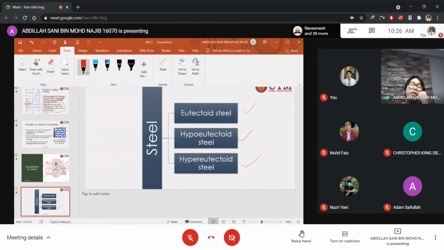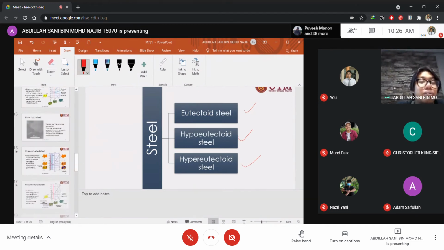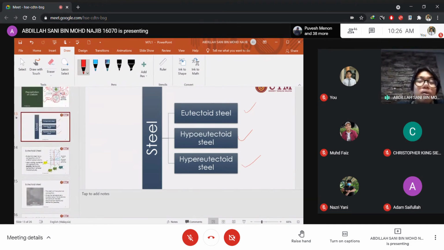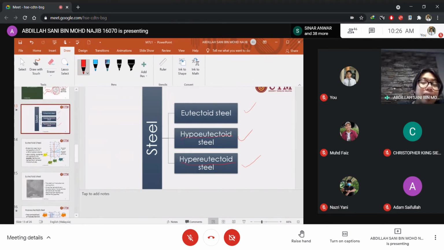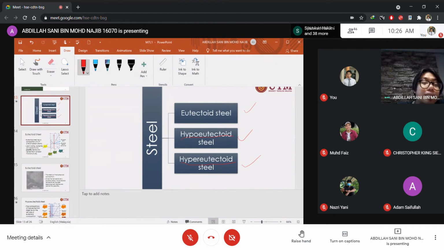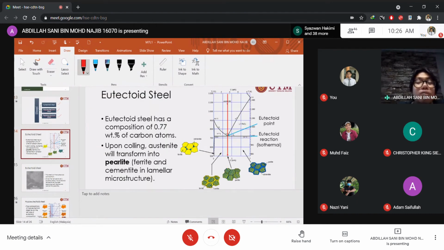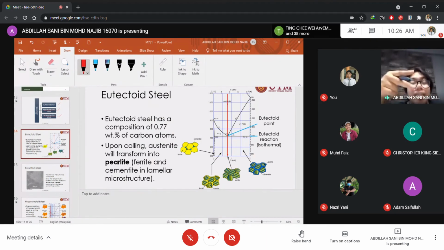I guess we already have some experience with these terms, hyper-eutectoid, hypo-eutectoid. So at first, what is eutectoid? Eutectic is liquid to two solids. Eutectoid is one solid to two solids.